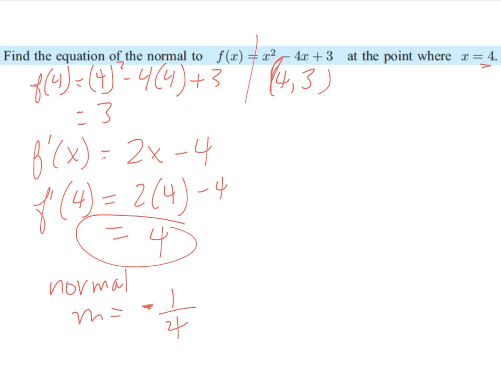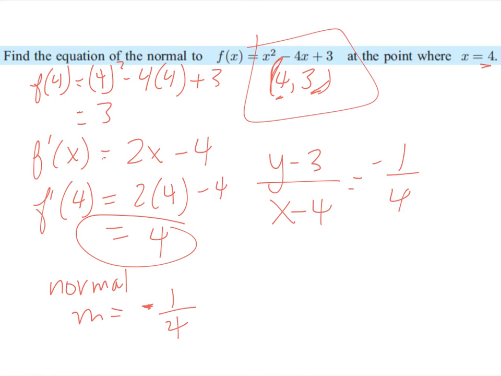So now we use this and our slope again, and we solve just like we would for the equation of the tangent line. We have y minus 3 over x minus 4, this is where the 3 and the 4 come from, equals -1 over 4. So we end up with y minus 3 equals -1 over 4 times x minus 4.